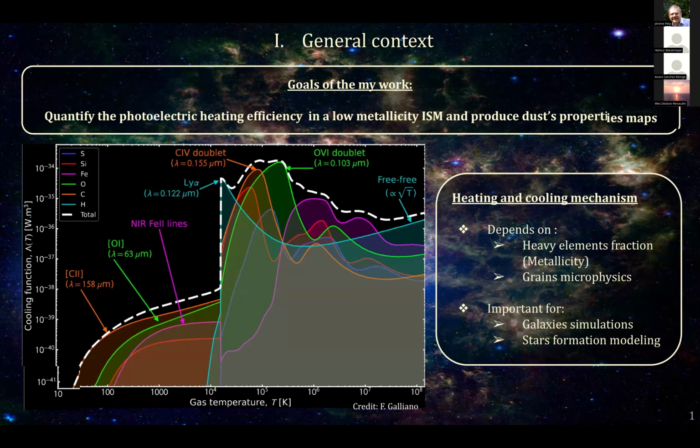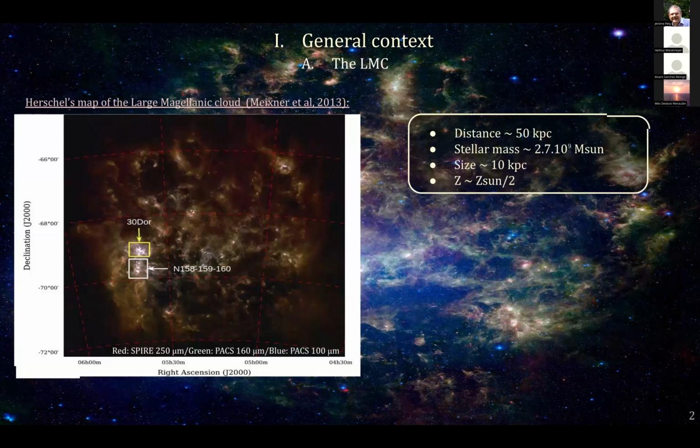We chose an empirical approach, and more specifically, we chose to focus on the LMC. The LMC, the Large Magellanic Cloud, is the satellite galaxy to the Milky Way. So it's quite close. It has half solar metallicity. And we are going to focus more on the N158, N159, and N160 star forming regions, which are south of 30 Doradus.